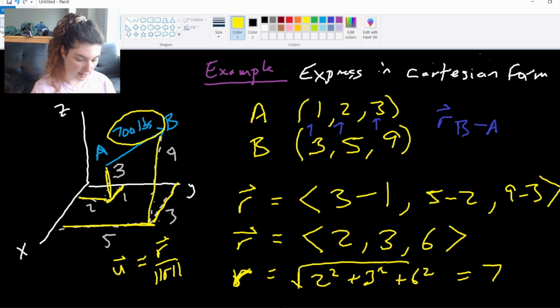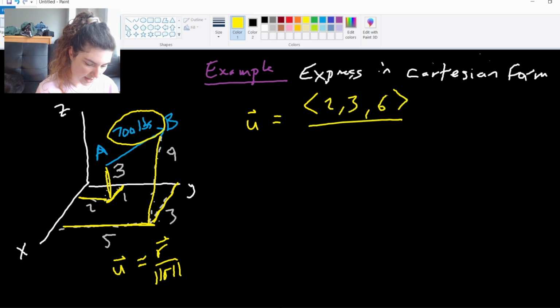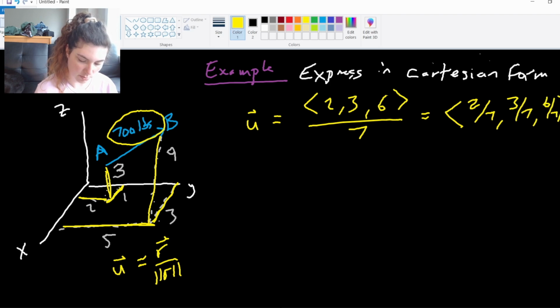So we can take these and combine them to get our unit vector here. So this gives us u, our r vector, which was 2, 3, 6, over the magnitude, which is 7. If we go ahead and divide straight across, 2/7 is our x component, 3/7 is our y component, and 6/7 is our z component. So this is the unit vector.